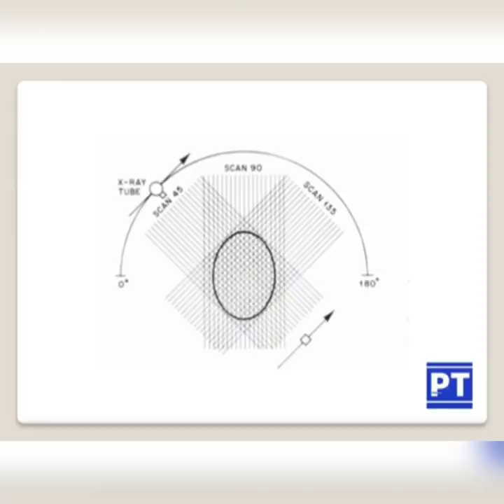So the total number of transmission measurements was the product of the number of linear measurements, 160, and rotatory steps, 180, which was 28,800 in the original EMI scanner. So this is what is happening in the first generation CT.